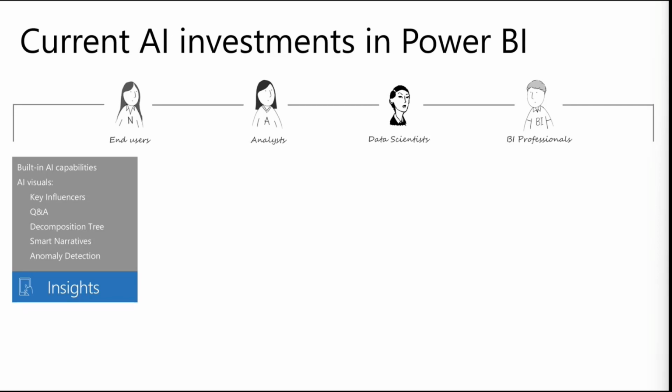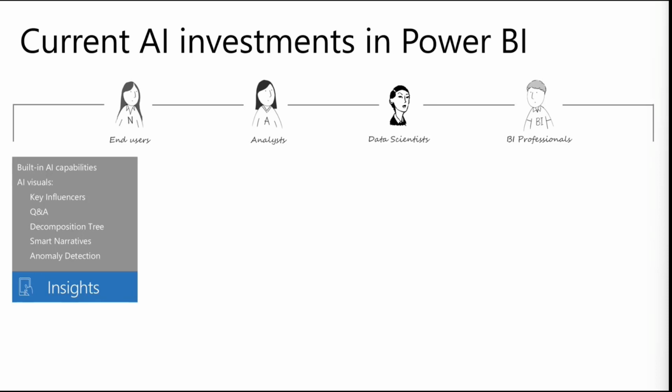The fourth is smart narratives. Over the years, we see a lot of our customers take a snapshot of a Power BI report and put that into PowerPoint. In order to address that need, we built something called smart narratives. Basically, depending on what you have on the report, smart narratives will populate the narratives for you automatically.